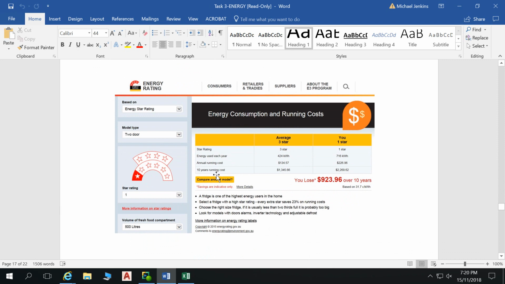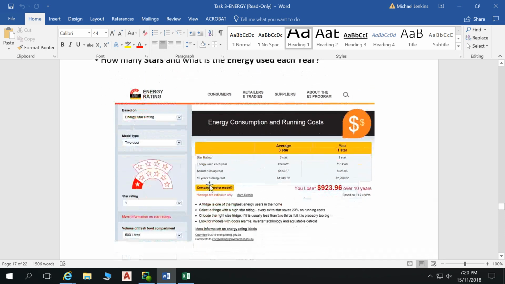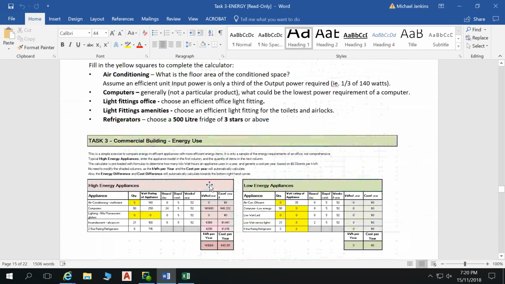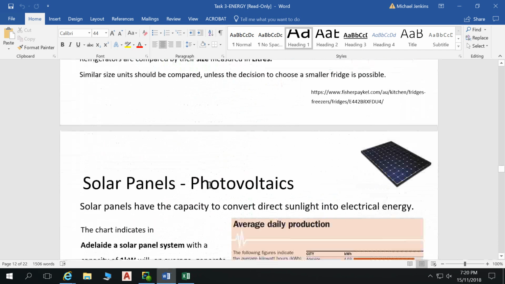Actually, maybe it would serve us to pore through the options there for finding information about those particular models on this site. But yes, we've selected our fridge. We'll have to find out those kilowatt hours per annum.